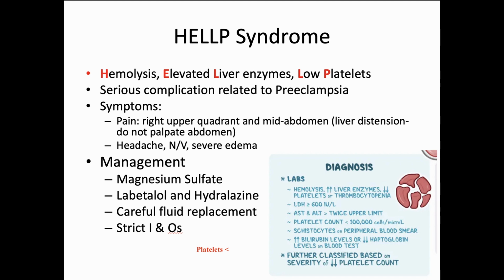They're going to complain of right upper quadrant pain due to liver distension, right? So this is impacting those liver enzymes. Headache, nausea, vomiting, severe swelling. Those are what our labs would look like, as far as all of those things mentioned in the name of it.